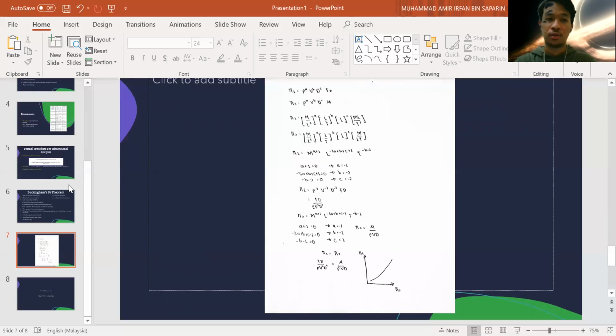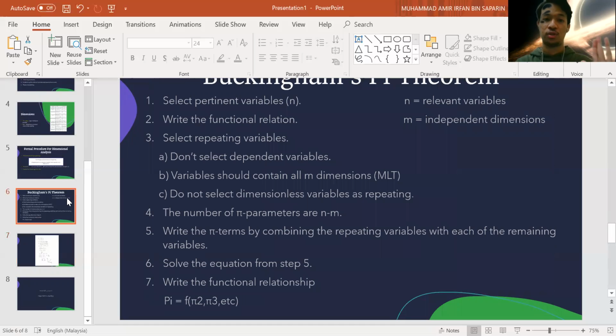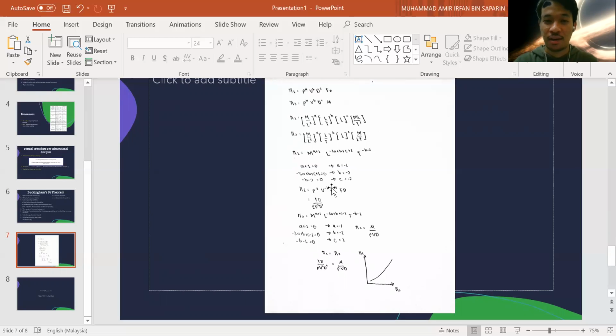So we solve, and we solve in the sixth step. After we solve this, we get the algebra. After solving all the algebra, we get a equal to -1, b equal to -2, c equal to -2.